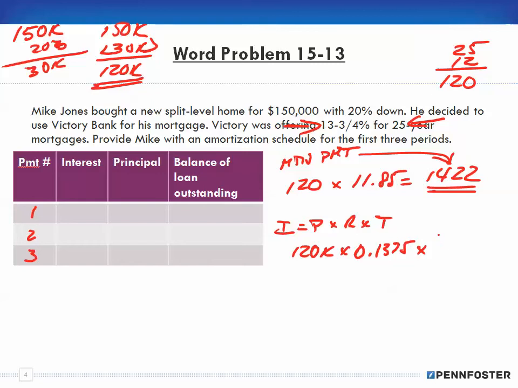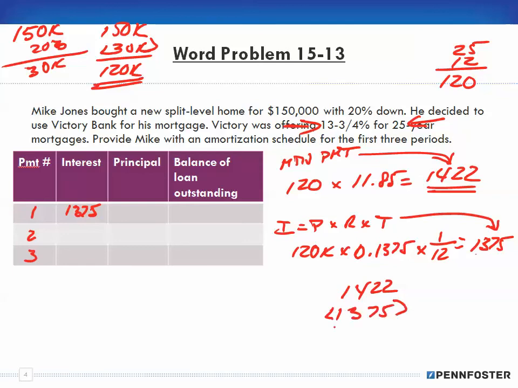We're looking at interest for a month, so that's 1/12. Multiplying 120,000 by 0.1375 and dividing by 12, we end up with $1,375. That's our interest. If our monthly payment is $1,422 and our interest is $1,375, the difference is $47 of principal.